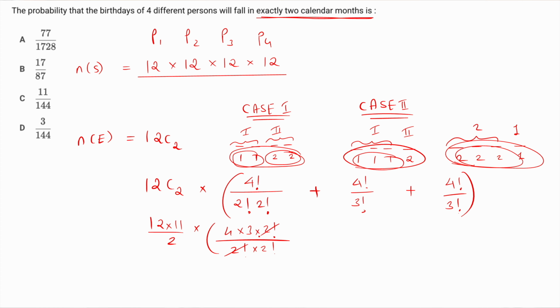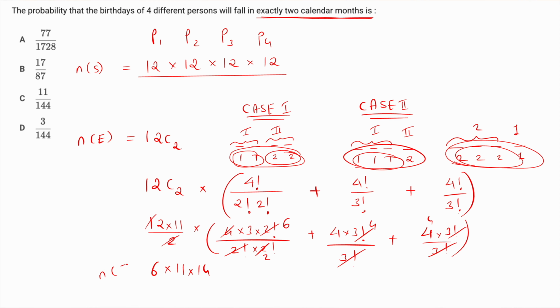So one 2 factorial gets cancelled, plus 4 factorial is 4 into 3 factorial. Below also the 3 factorial gets cancelled, plus once again we have 4 into 3 factorial. Below the 3 factorial gets cancelled. Lastly 4, and then 2 cancels from here. So 3 into 2 would be 6, plus 4 is 10, plus 4 is 14, and 2 cancels. 6 into 11 into 14.